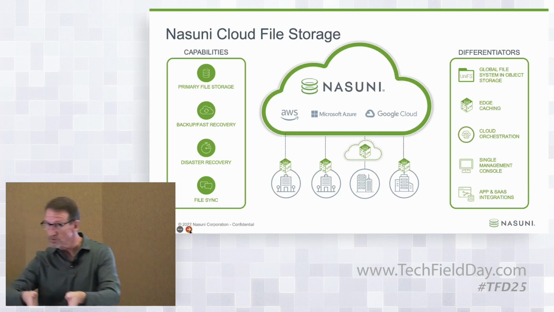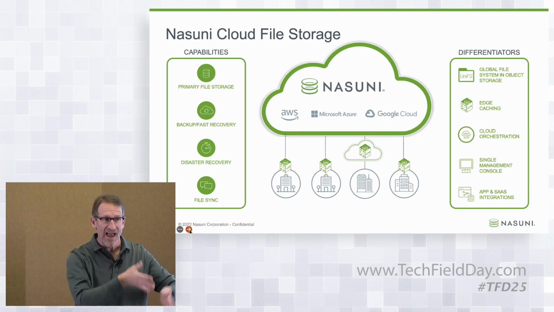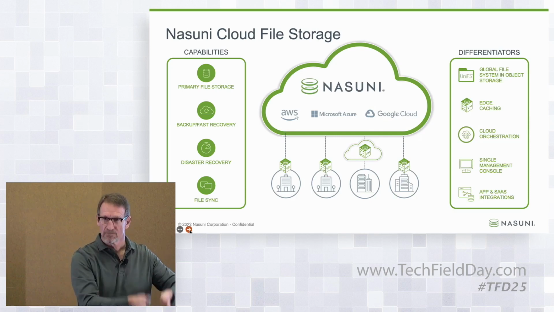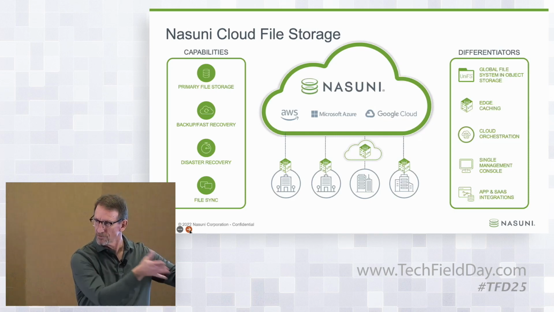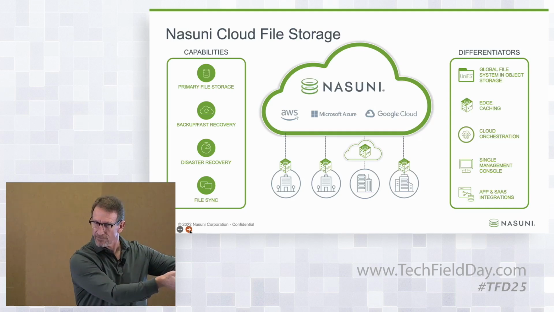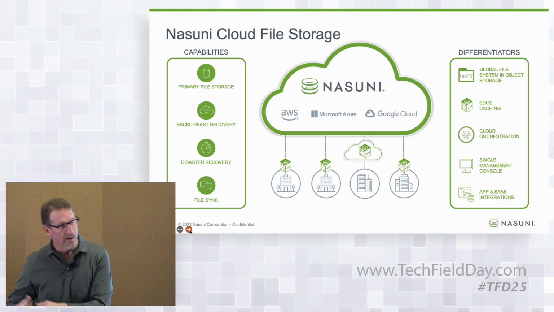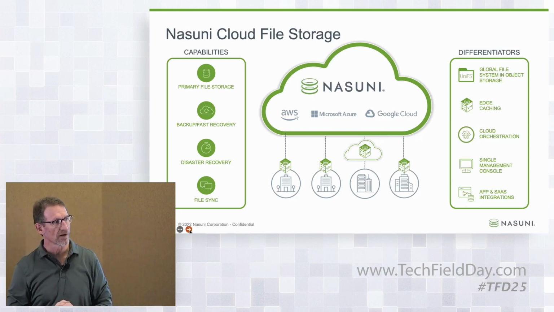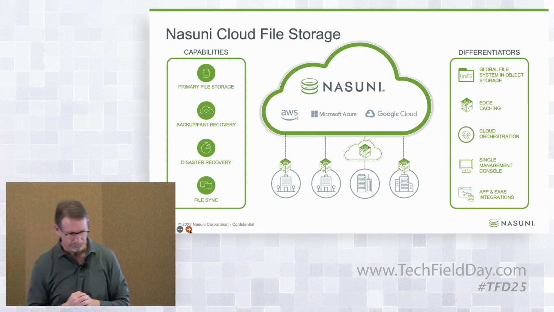But yet the users that are accessing that data have access to it just like they're sitting next to a file server or sitting next to a NAS device. So the performance that they get is like it's right next to them, but yet they're able to share and synchronize data across all of those locations using our architecture.